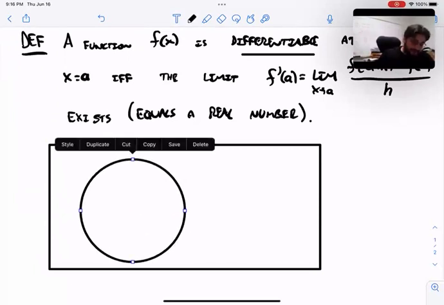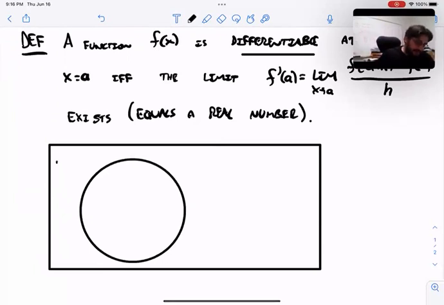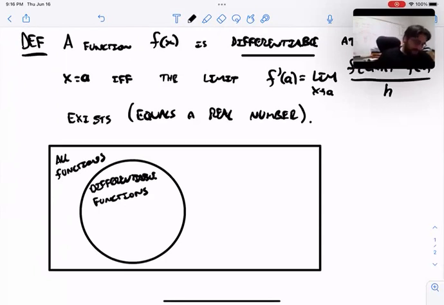So you could say out here we have the set of all functions on the real numbers, right? And then maybe this is the set of differentiable functions, and then maybe you have this other set of continuous functions, and how do they relate to each other, right? Is the set of continuous functions properly contained inside the set of differentiable functions, or vice versa?